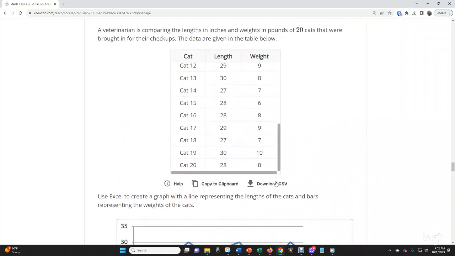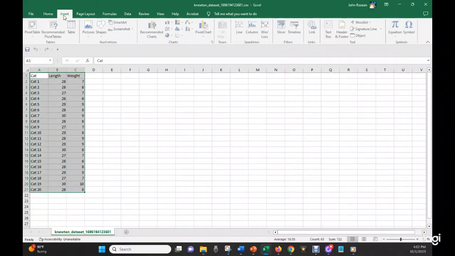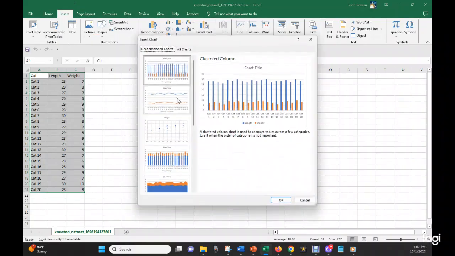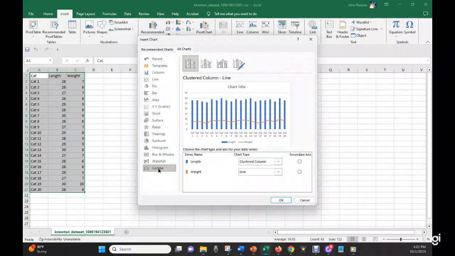So let's go ahead and download our data. All right, so we have our data. Let's go ahead and highlight it here. We'll go to Insert Chart, Recommended Charts, go to All Charts. Let's go ahead and put it in bar right now. We could do combo. Let's go right into that.